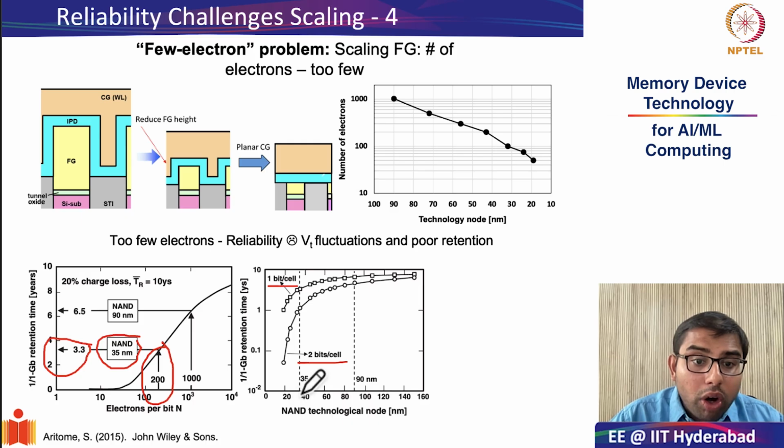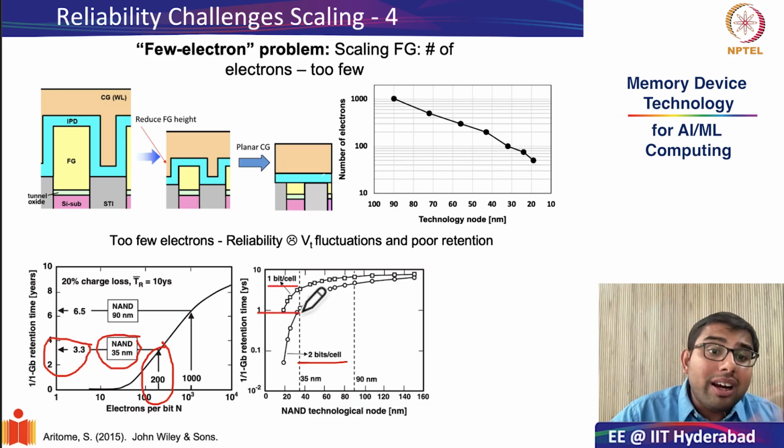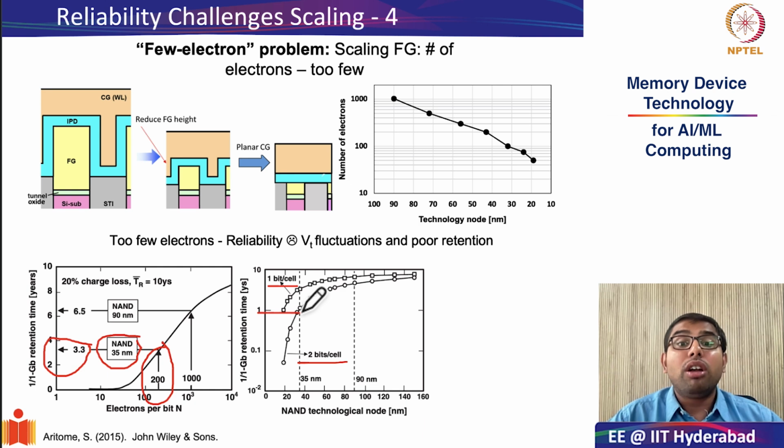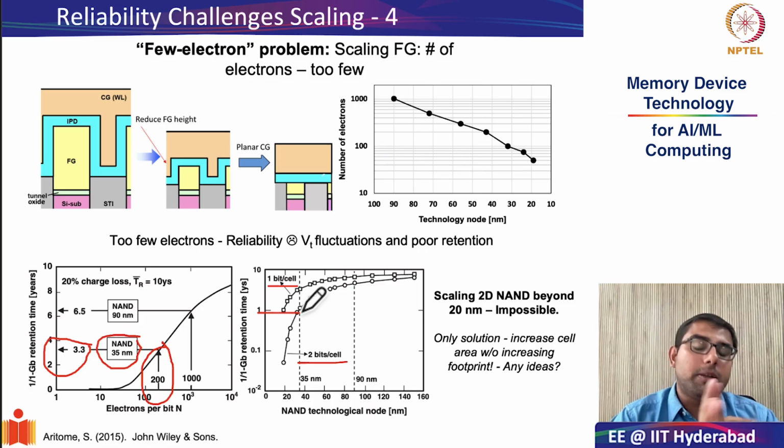As you can see, for the 35 nanometer node, the retention time for a 2-bit cell drops to just 1 year. So when it drops to 1 year, can you even call it a non-volatile memory? Not really. Therefore, people realized that scaling the 2D NAND beyond 20 nanometers is almost impossible.